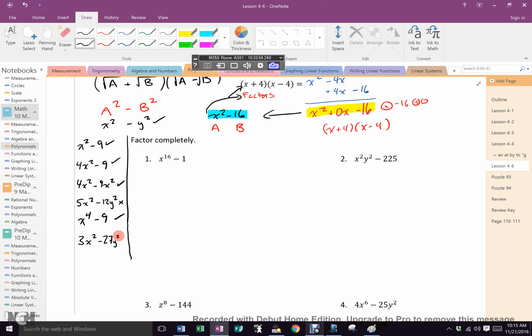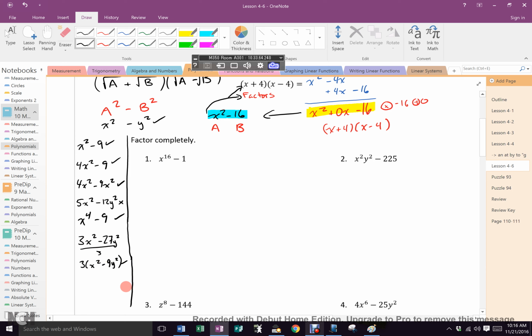Are you allowed to forget all the other stuff you have learned in math? No. So what would you do with that when you see a 3 and a 27? Divide by 3 to get 3x squared minus 9y squared. Now does it work? Yes.